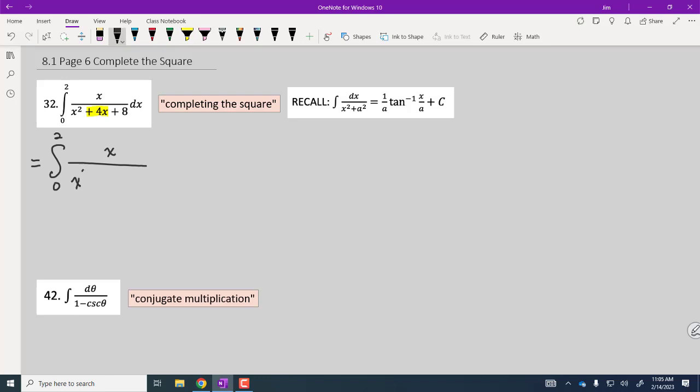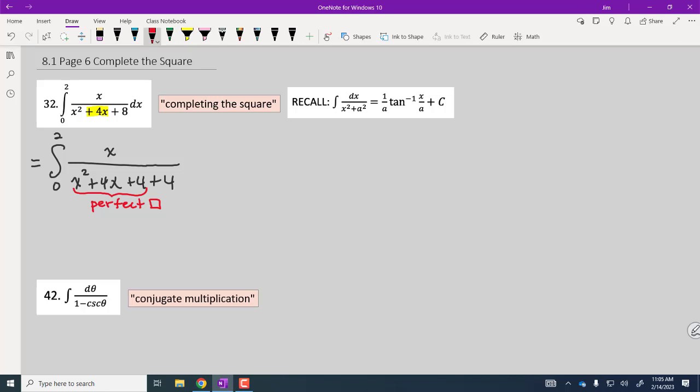So we're going to have x squared plus 4x. We divide that by 2 and square, we get a 4. So we can add and subtract 4 if we want, or we could say, oh, we have an 8. Let's just break the 8. If we break the 8 apart, this is now a perfect square. So that's a perfect square trinomial. So it'll factor into x plus 2 quantity squared.